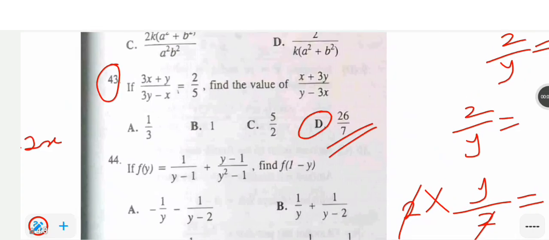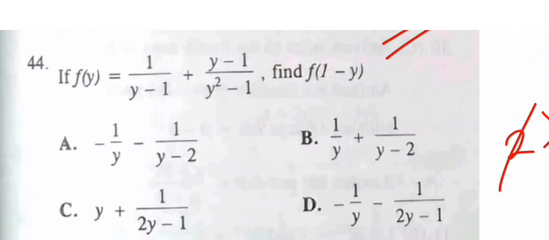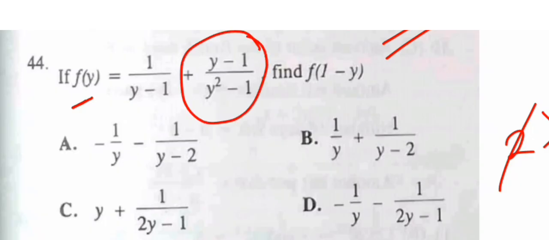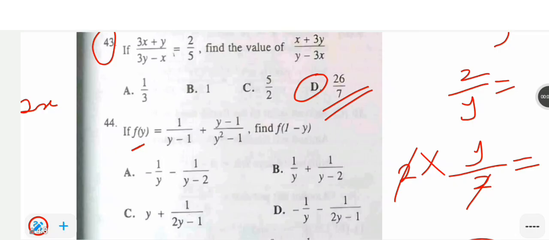Okay, now for the next one, if f(y) is 1 over y minus 1 plus y minus 1 over y squared minus 1, you have to find f(1 - y). It means that anywhere you see y, you should write in 1 minus y there. But in order for it not to be complex, you need to simplify this first.